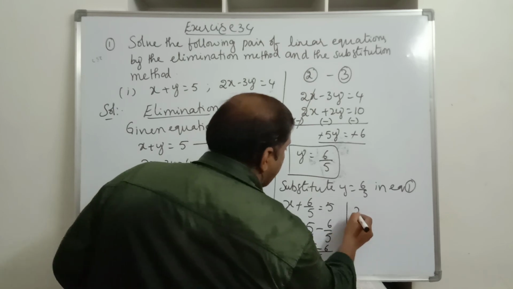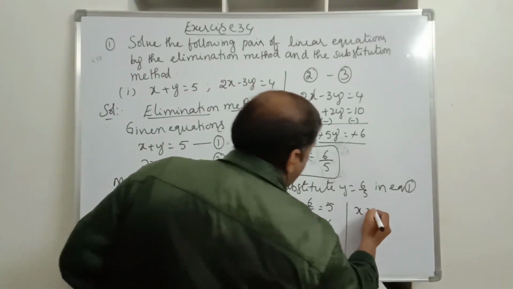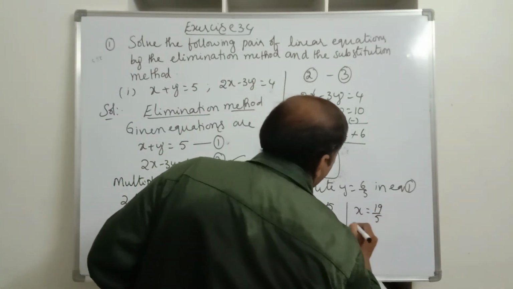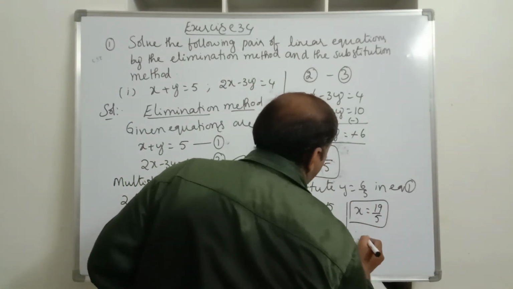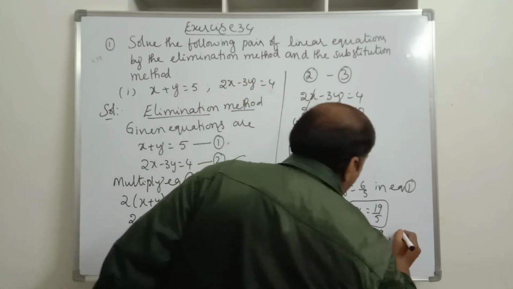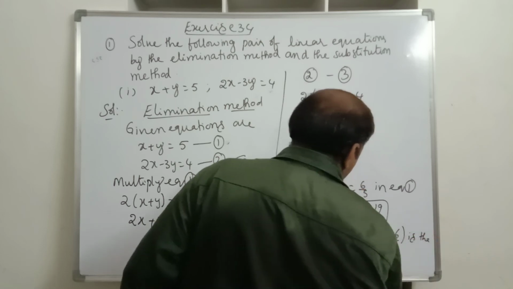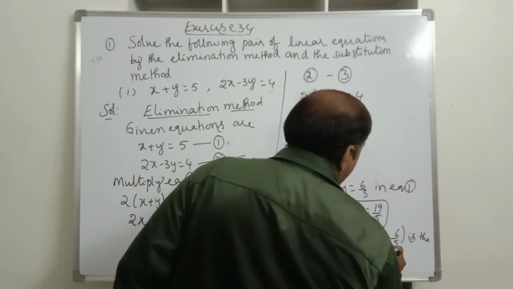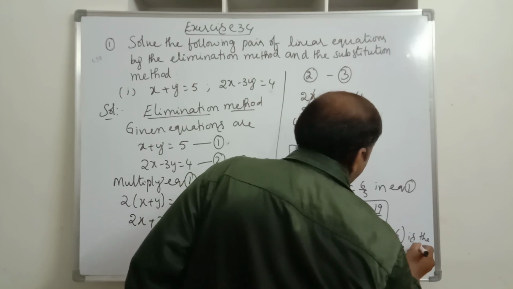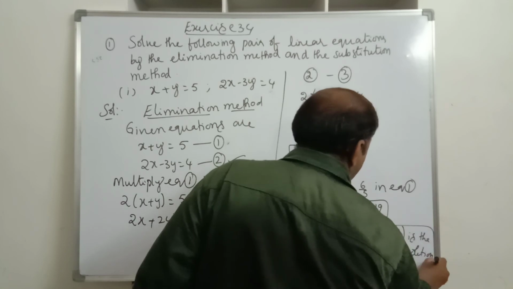So now we get x equals 25 minus 6 equals 19/5. Therefore, what is the solution? x equals 19/5 and y equals 6/5 is the required solution of the given equations.